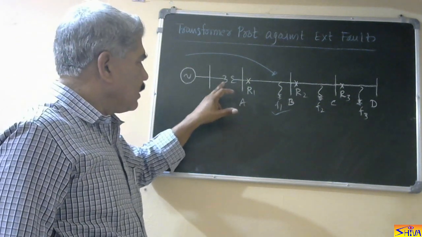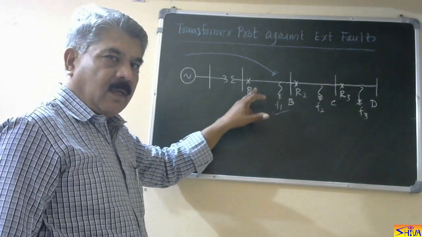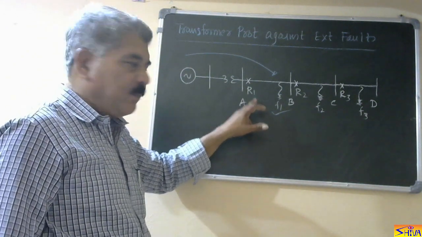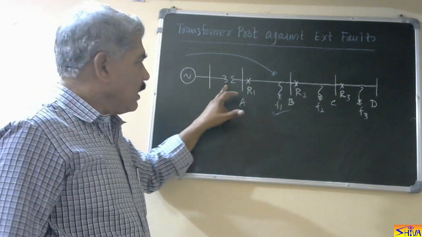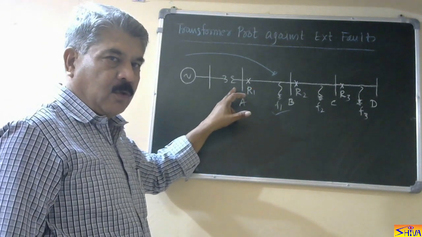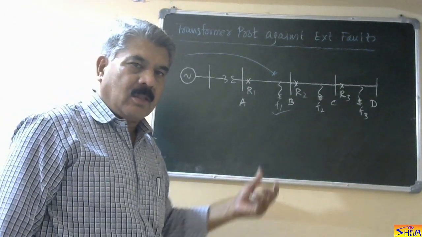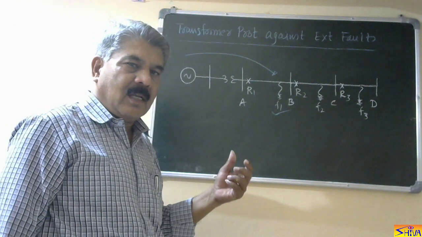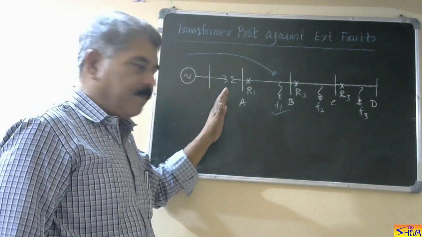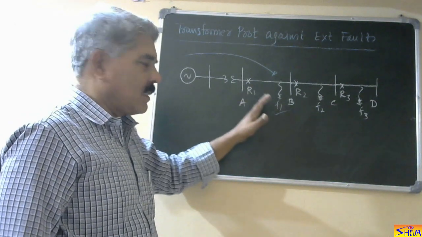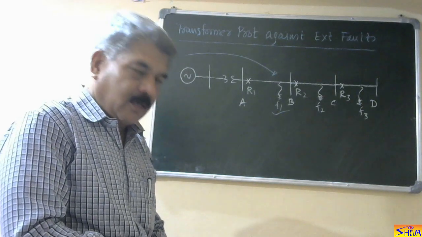The fault is on the line and primary protection has failed, so if this fault is not cleared, it flows through the transformer also, and it will damage the transformer. So this fault is not on the transformer, but if it persists for a longer time, it will damage the transformer. Therefore, protection of the transformer against external faults is necessary. That is also called backup protection of the transformer.